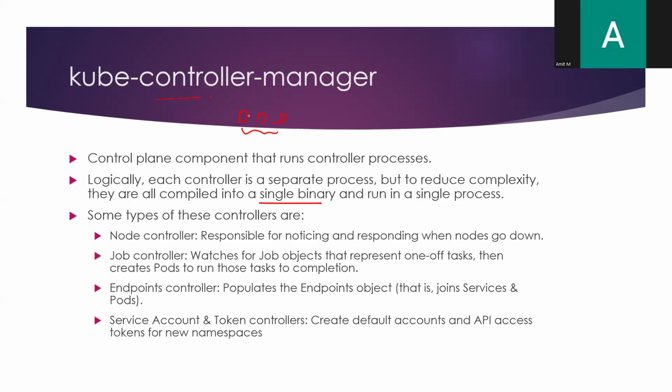Its whole role is, if I mention three replicas must be created, it will keep on monitoring. If one of the replicas goes down, it will restart it again. Different types of controllers are available, like node controller, job controller, endpoint controller, service account and token controllers. We will discuss each of the controller manager roles in detail when these APIs come into the picture.